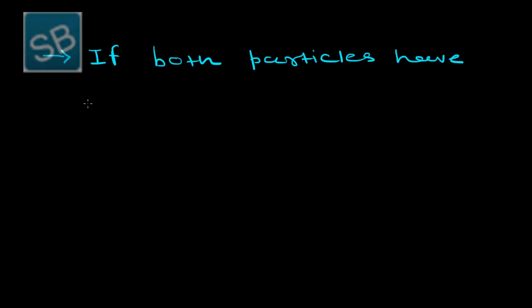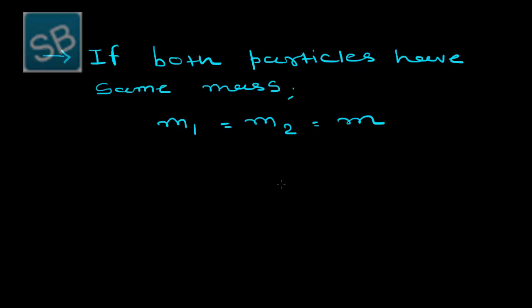Similarly, if we move further, then there are some different quantities. Here if we consider one case, that if both the particles have same mass, so I am generally writing as m1 is equals to m2 is equals to small m.